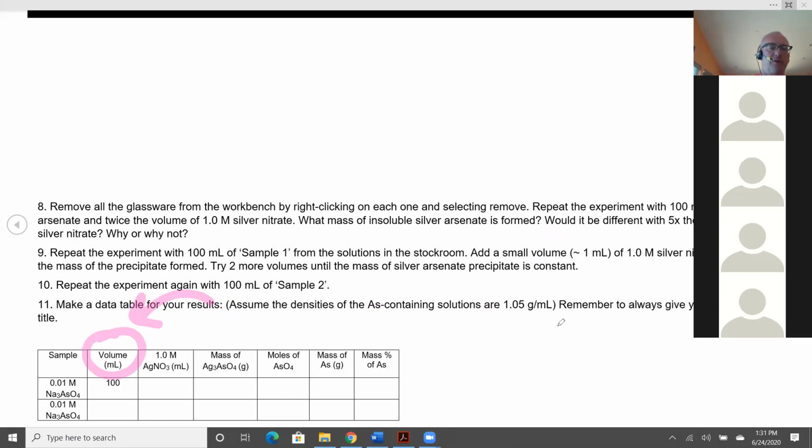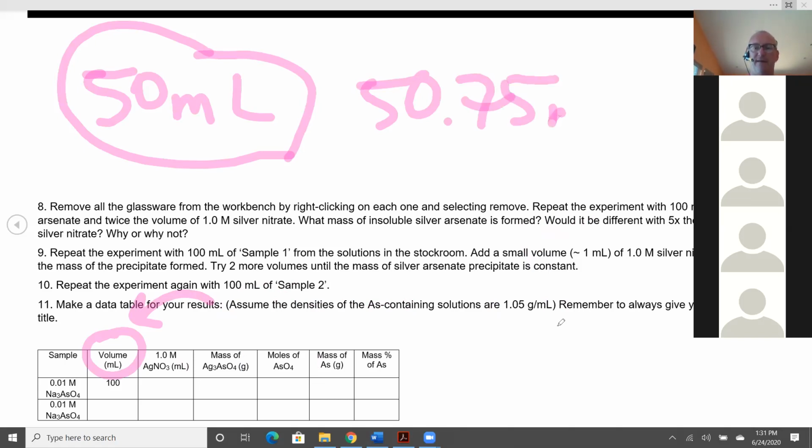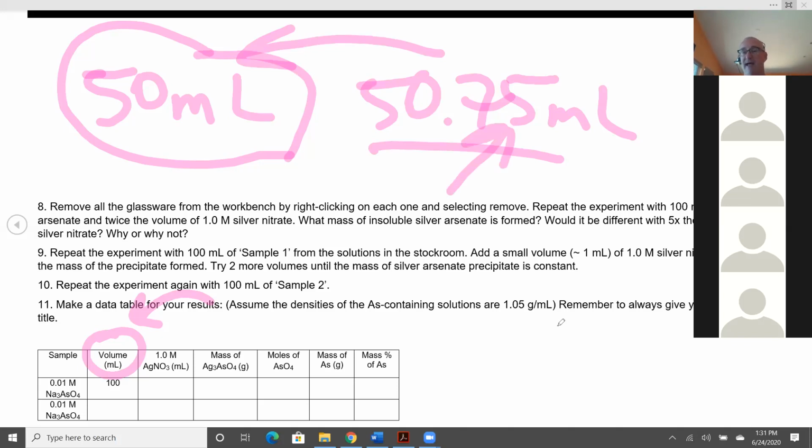So if you used 50 mils of sample 1, you just calculate it using 50 mils. Let's say it was 75. If you added another 0.75 mils of silver to precipitate it all, don't use this. You use the original. Got it. Because the additional stuff you added had no arsenate at all in it, so it just had the silver.